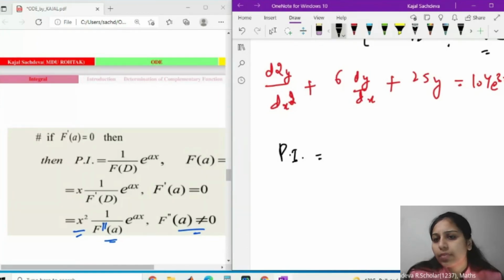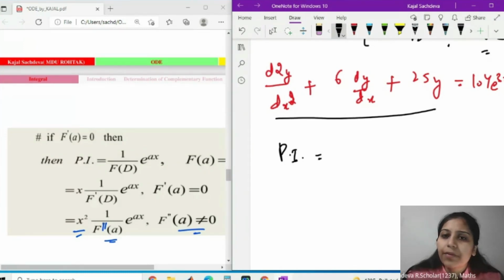The complementary function can be found in the same way: put the left side equal to 0 and make the auxiliary equation, replace D by m, then find the value of m, and m will tell how the roots are, real, distinct or complex. Based on that you can write the CF. So our focus is now on finding the PI.